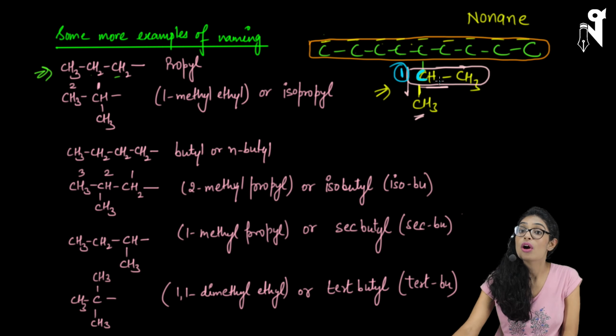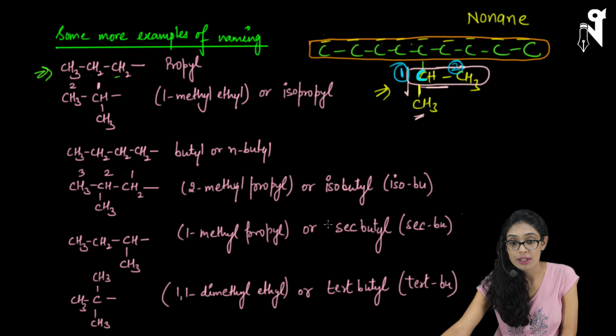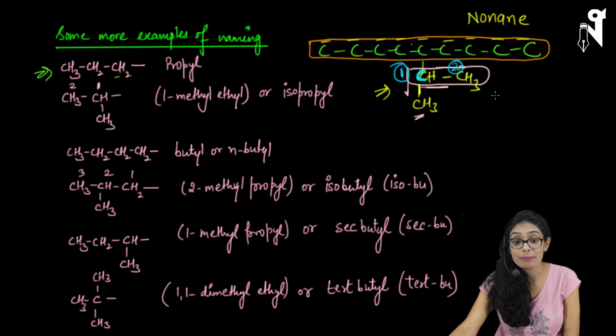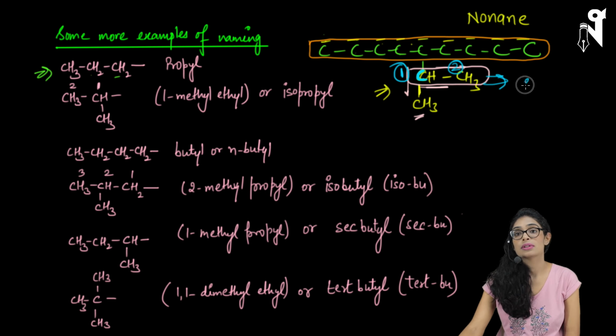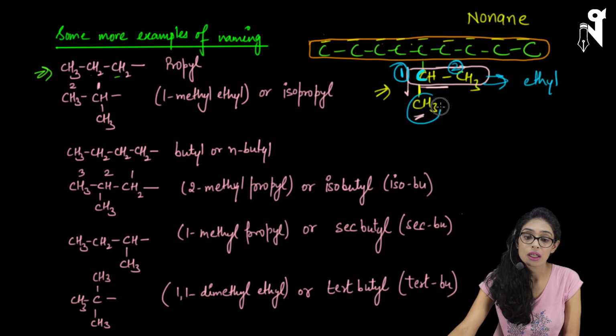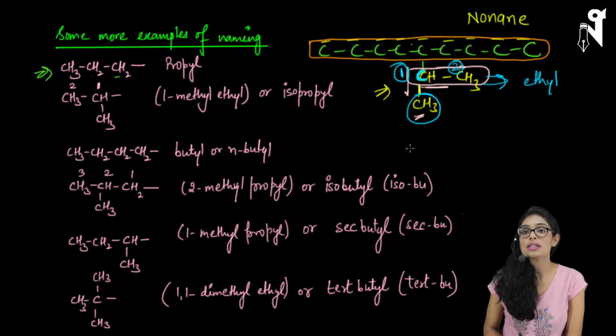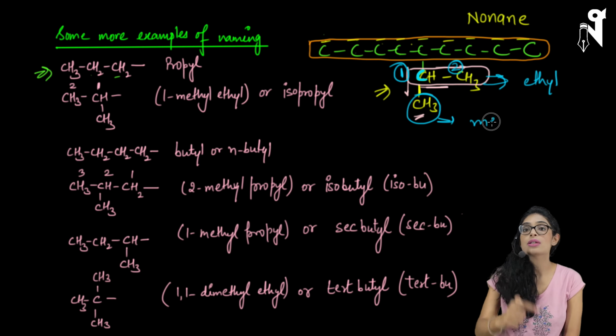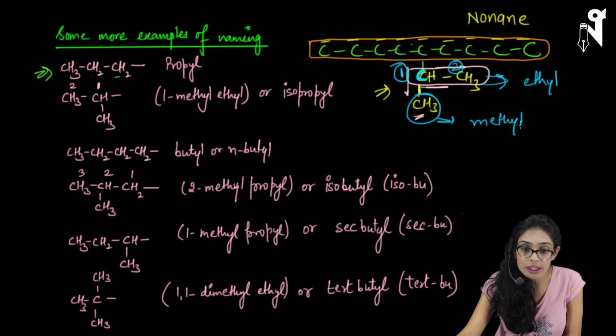Okay, so the main chain of my branch contains 2 carbons, so this part of my chain will be named ethyl. Now how will I name this further chain? This further chain is made up of only 1 carbon. This is methyl. This is the branch of a branch. Where exactly is it located on my branch? It is located on the first carbon.